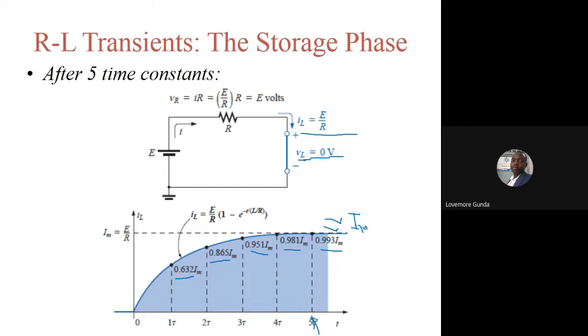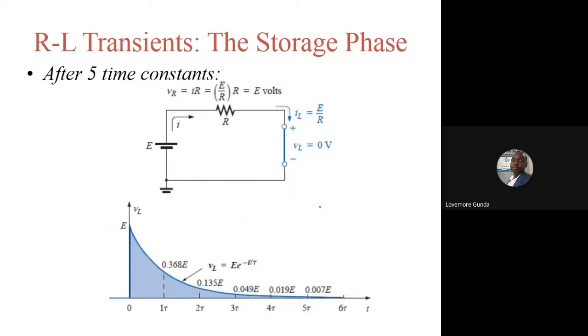But you realize that this will actually never reach I max; with a higher resolution calculator, it will continue giving you values of 0.99999 something. That's why it was agreed that we say it's fully charged in that situation.